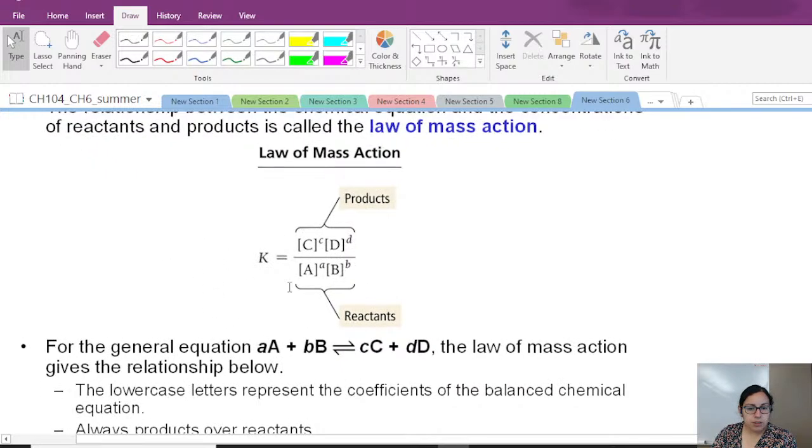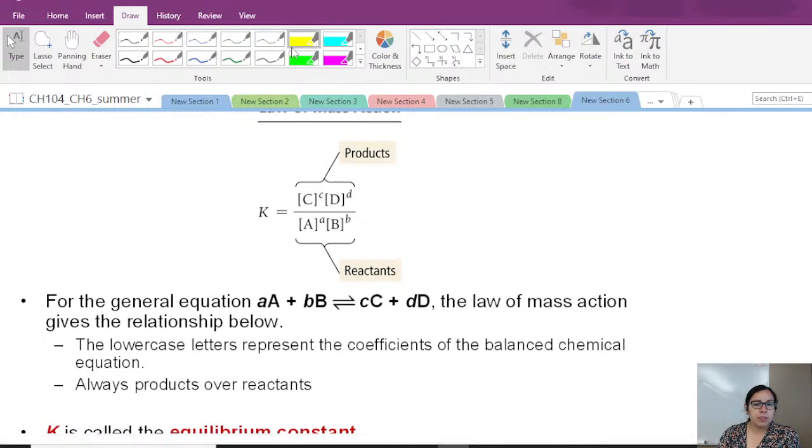Notice our formula. We have this general equation here, and the lowercase letters represent the coefficients of our balanced equation, so that could be 1, 2, 3, whatever. And then it's always products over reactants, and notice each one is raised to the power of its coefficient.